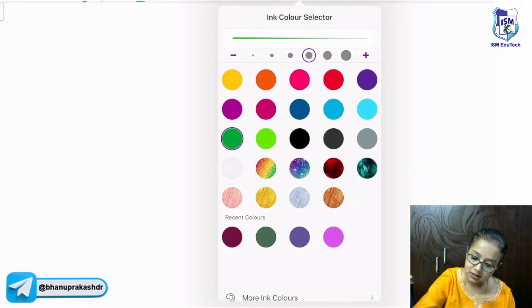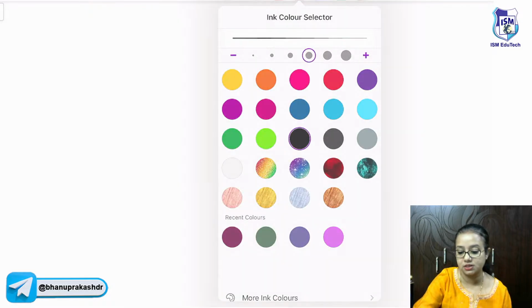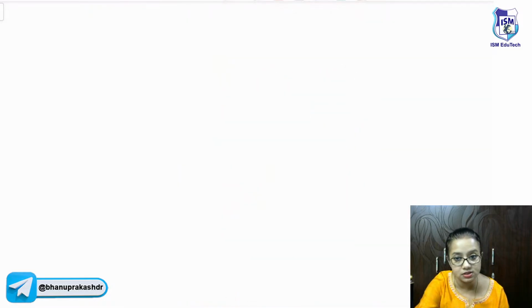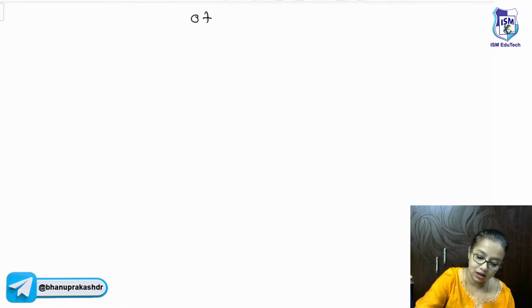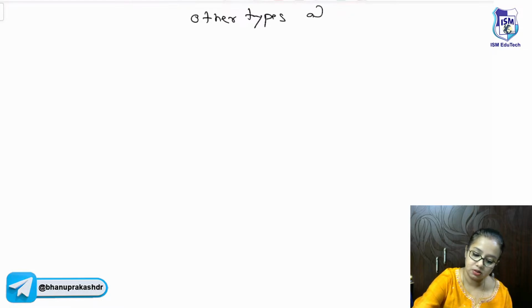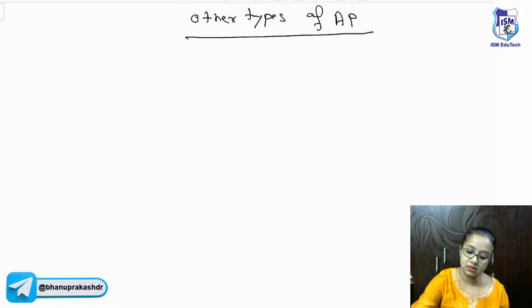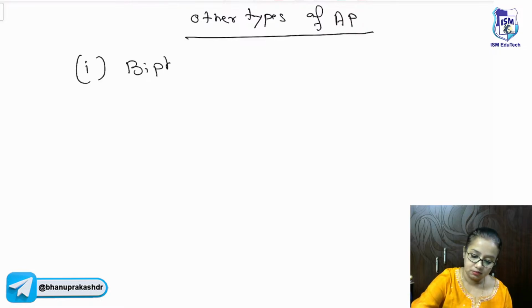What can be the types of action potential? What we have seen is a monophasic action potential. Now, some action potentials can be biphasic.